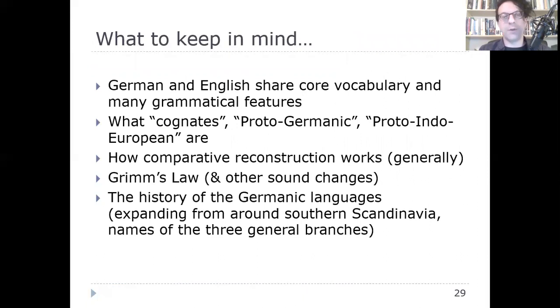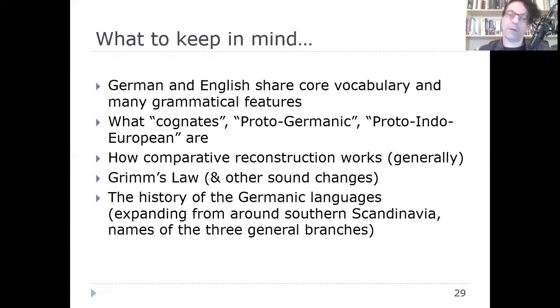So what you should have learned from this little video is that German and English share core vocabulary. They share many grammatical features. You should know and remember what cognates are, what Proto-Germanic means, what Proto-Indo-European means. You should have a general, rough idea of how comparative reconstruction works in historical linguistics.